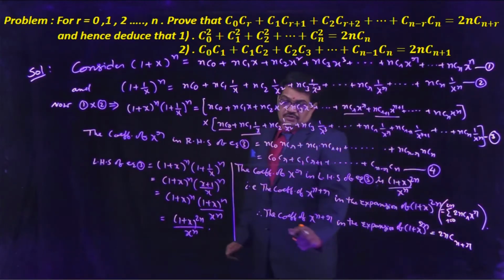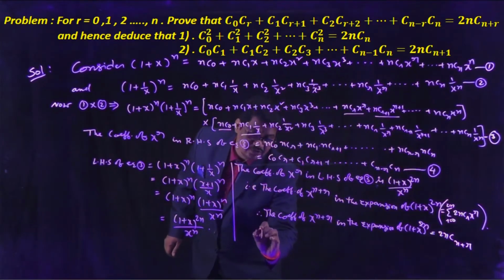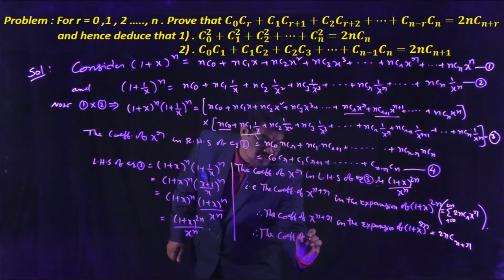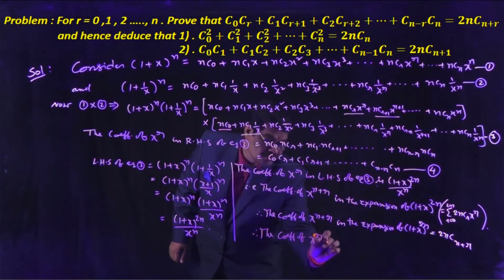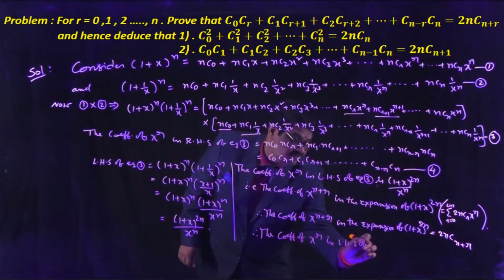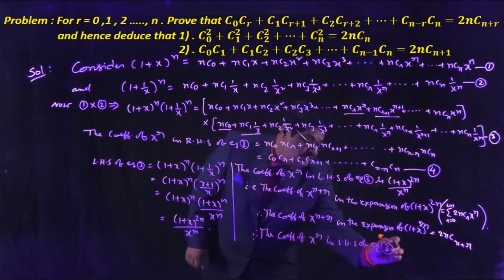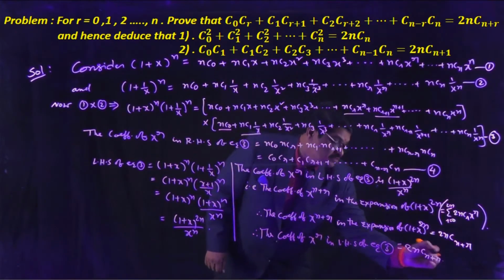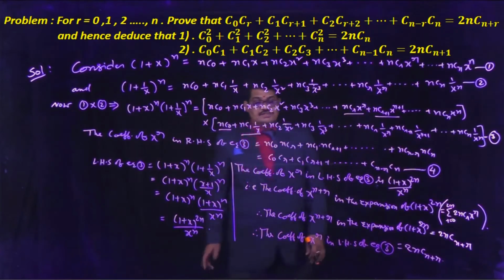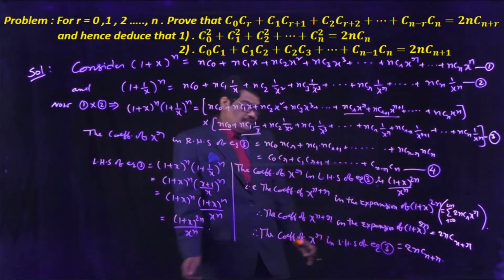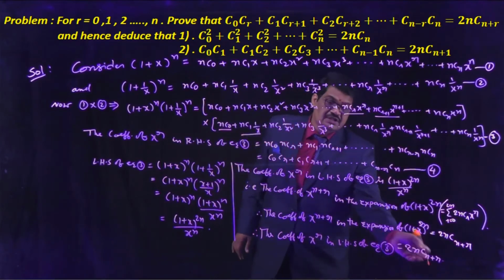So the coefficient of x to the power of r in the LHS of equation 3 is 2nC(n plus r).